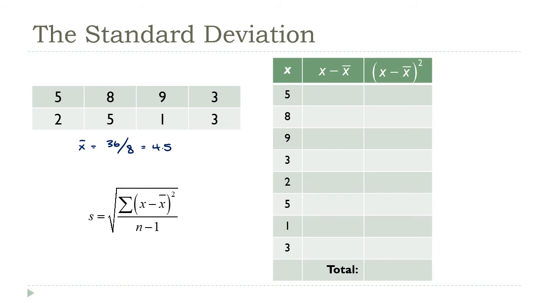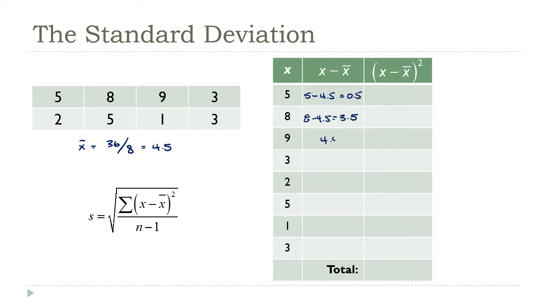Next, I'll subtract the mean from each value to get the second column. So this one is going to be 5 minus 4.5, which is 0.5. Then 8 minus 4.5 is 3.5, and I'm going to continue that all the way down here.